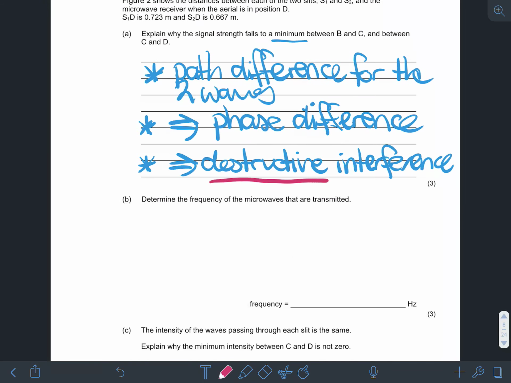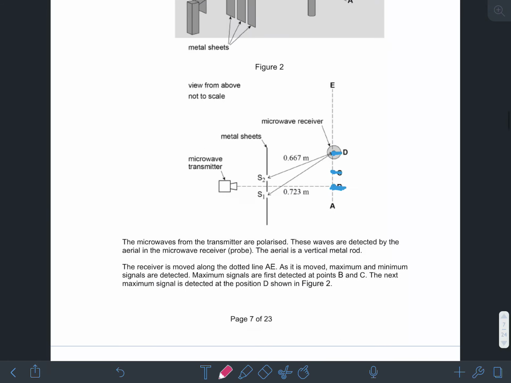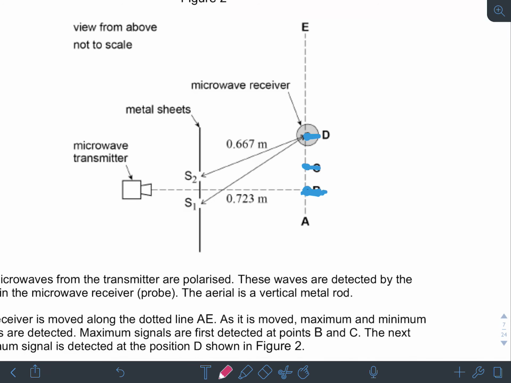Okay, determine the frequency of the microwaves that are transmitted. Okay, so going back up here and back to what I was saying a moment ago. What is the path difference between S1 and D and S2 and D? Well, when the receiver was here at this position, this has gone from being in phase, going out of phase, and then getting back.